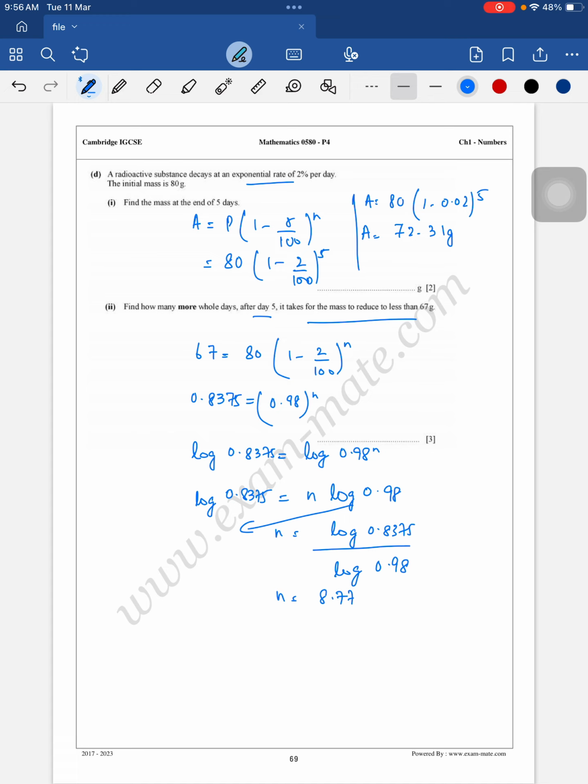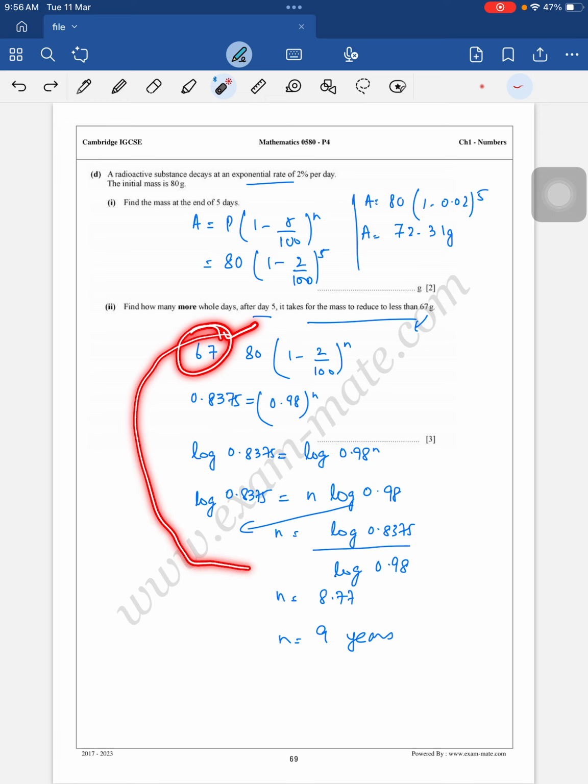Let us confirm it. Yes. So greater than 8.77 is 9. So we will say that 9 years will be required to reduce the mass to less than 67. The 8.77 which we obtained is for 67, but we had to calculate the number of years for the mass to reduce to less than 67.